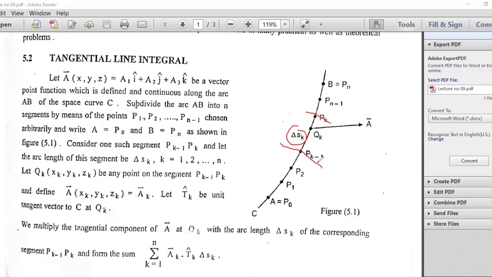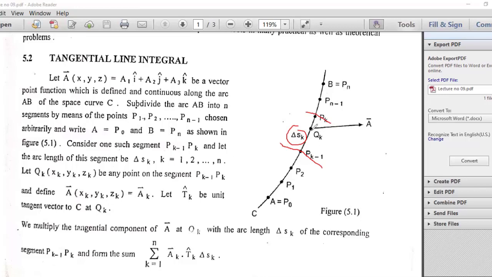Students, here we are taking one point between Pk minus 1 and Pk, that is Qk, and we take a tangent at Qk. Let Qk be any point on this segment and define A equal to Ak.